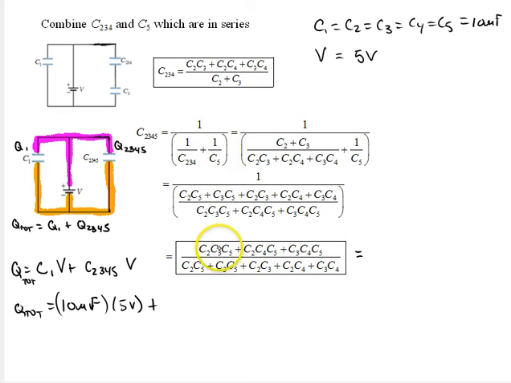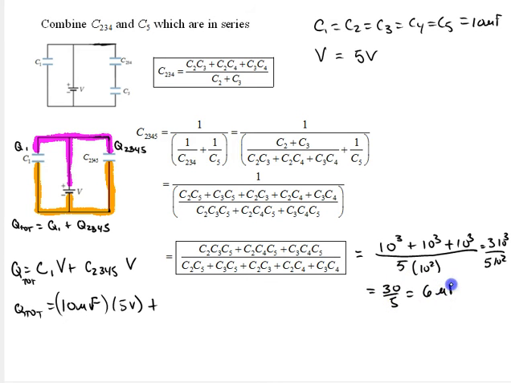This equivalent capacitance would be 10 microfarads cubed over the sum, 10 cubed plus 10 cubed plus 10 cubed divided by 1, 2, 3, 4, 5. So we get 3 times 10 cubed on the top, 5 times 10 squared in the denominator, and we end up with 30 over 5, or 6 microfarads.